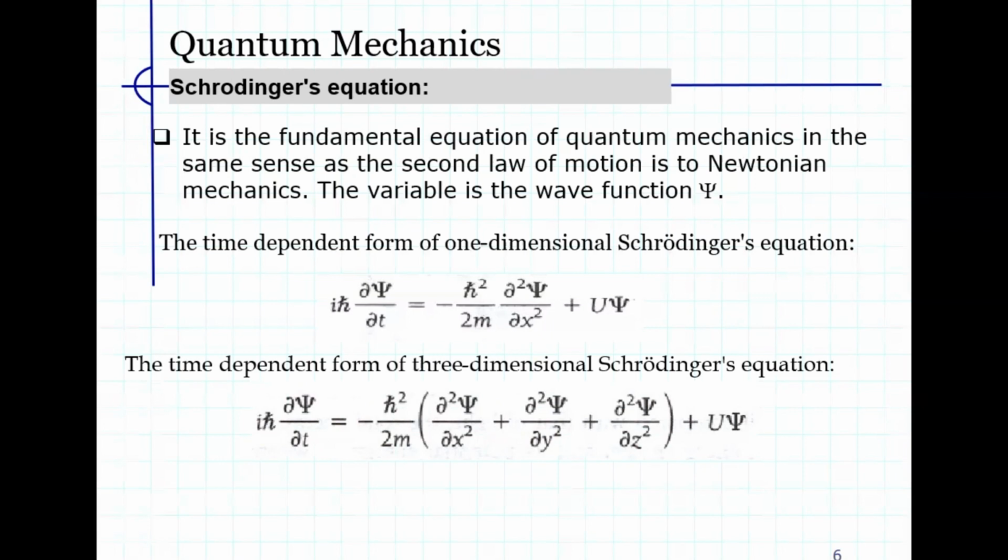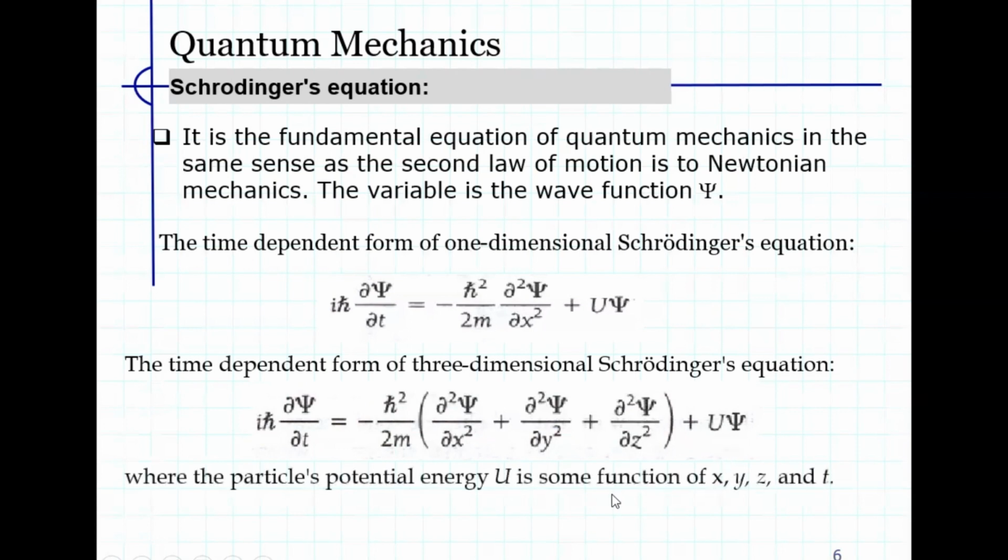The second term is the second derivative of psi with respect to y. The third term is the second derivative of psi with respect to z. All these summed together form the space derivatives, or space operations, on the wave function, plus u times psi. The u is the potential energy operator. It is called the particle's potential energy, and it is a function of x, y, z, and perhaps a function of t as well.